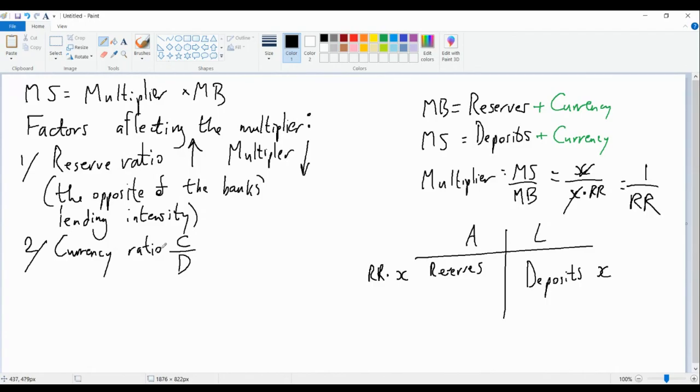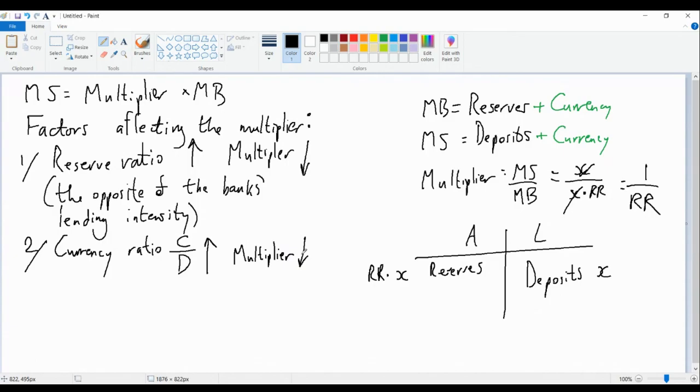It just means how important is currency as a form of money. If this goes up, so that for some reason there's more currency relative to deposits, again, intuitively, to the extent that you and I hold money, it's not getting multiplied, so the multiplier should go down.